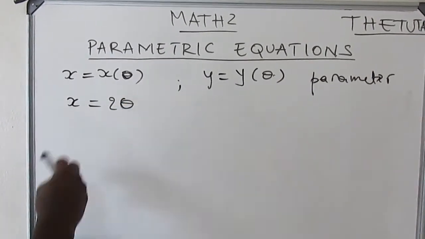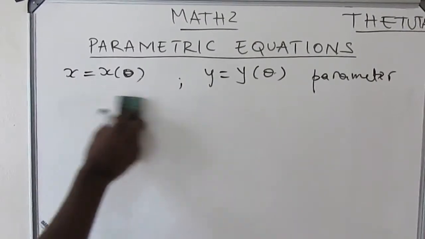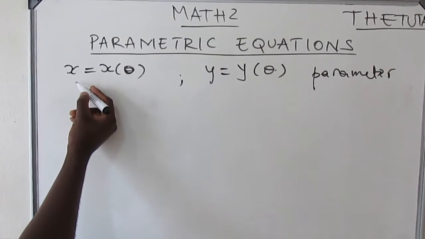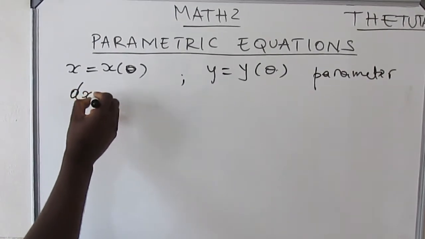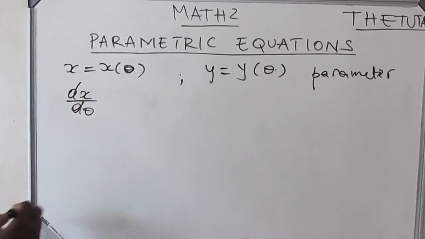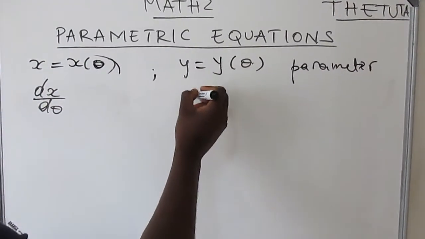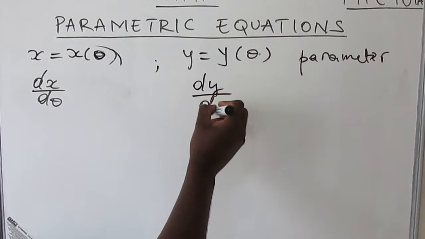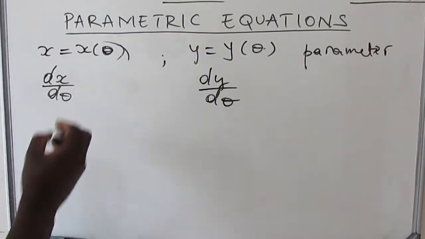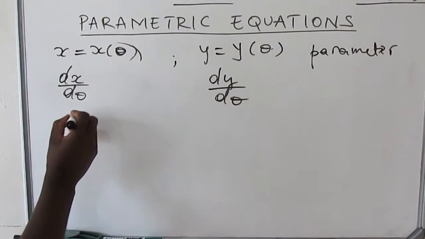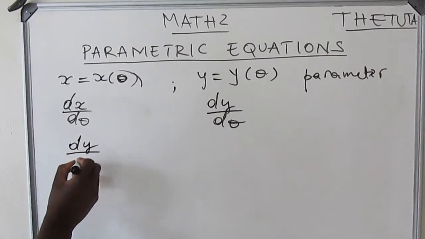So the aim here, first of all, is to differentiate x, which is dx over d theta. Okay, you find the derivative of this one here, and you come again here and find also the derivative of y. And after finding these two derivatives, now you need to find dy over dx.